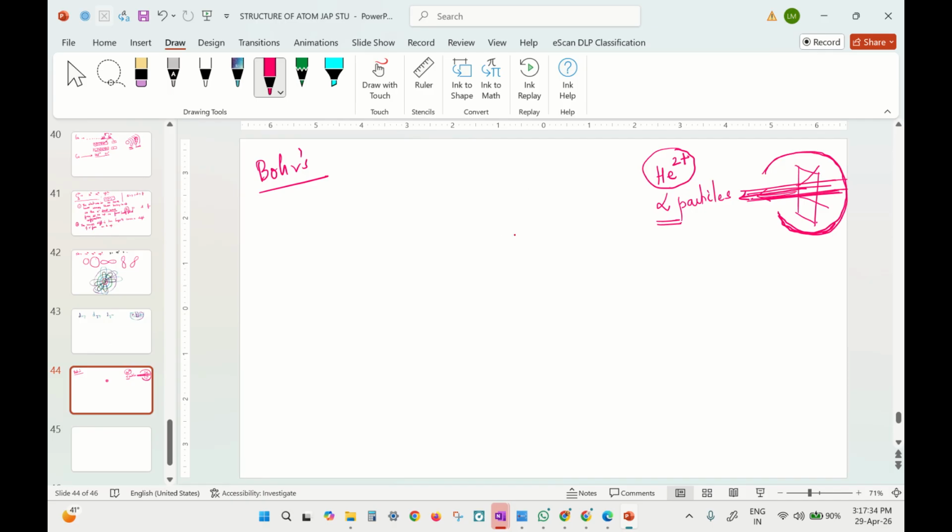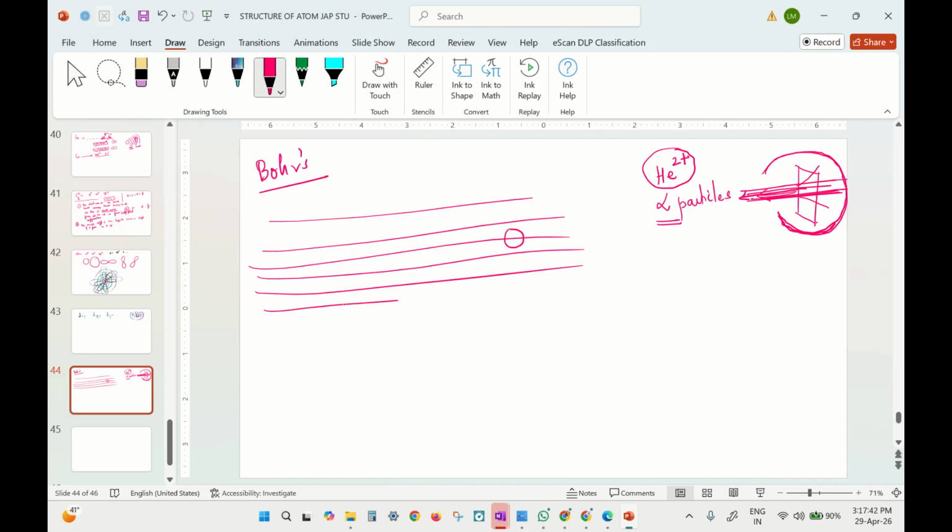Because very few particles are actually coming back. When there is a shower of alpha particles, only a few will directly hit it. The ones which directly hit will get rebounded back.